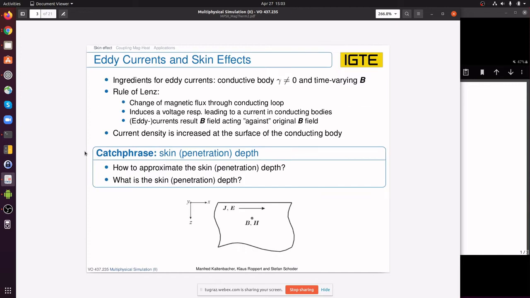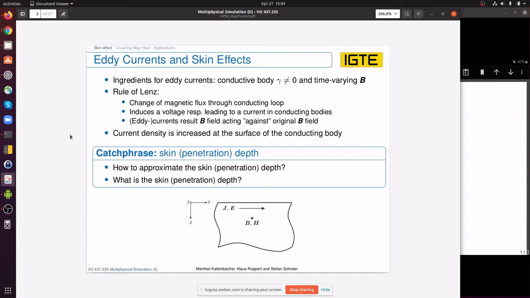Okay, let's start. I guess every one of you knows what eddy currents are, so I won't go into too much detail. You all know if you have time varying magnetic fields and electrically conducting bodies, there will be eddy currents, and you can maybe explain them by the rule of Lenz.